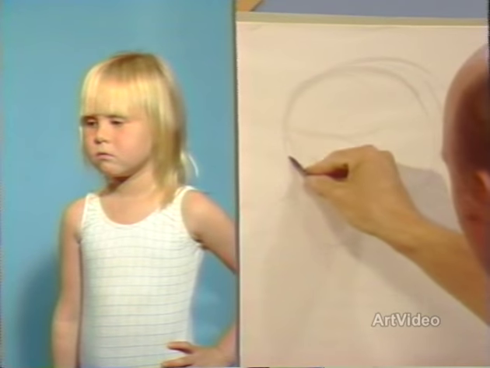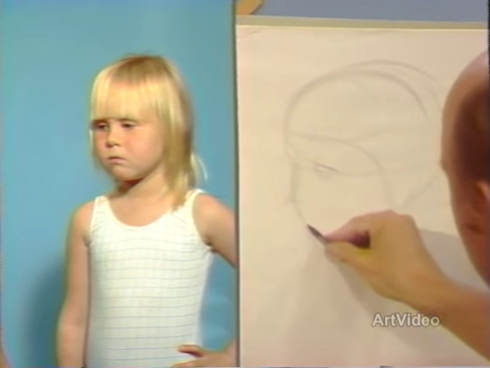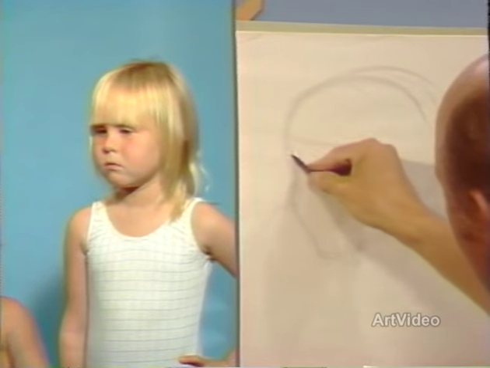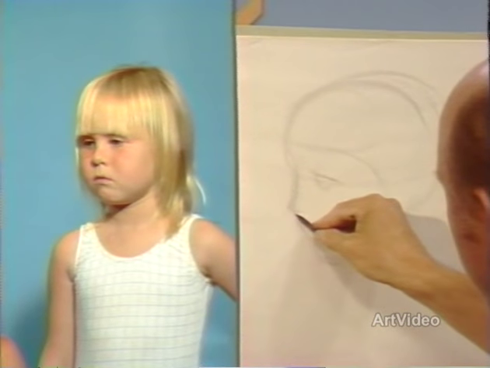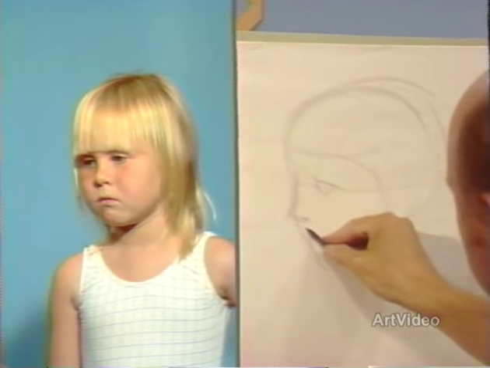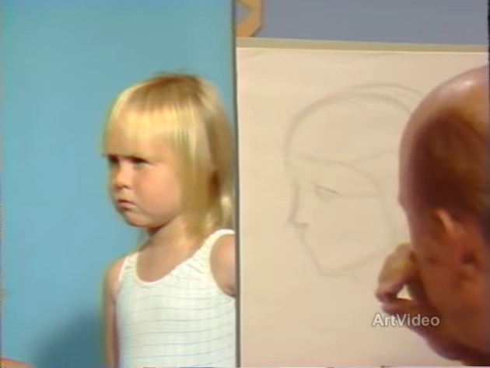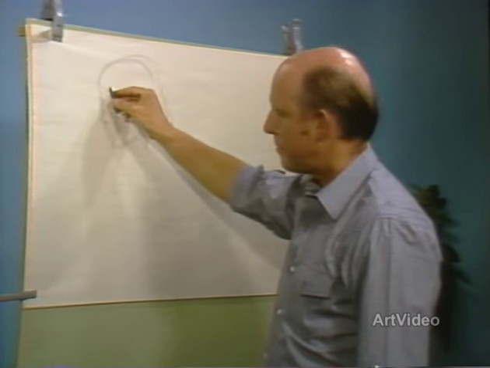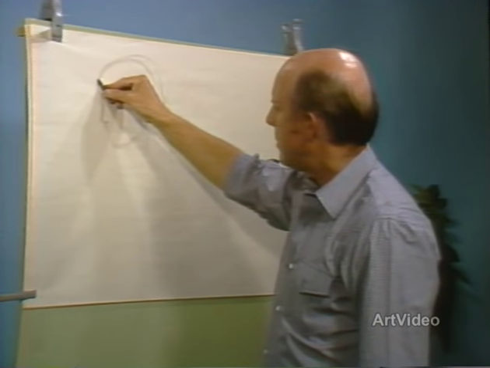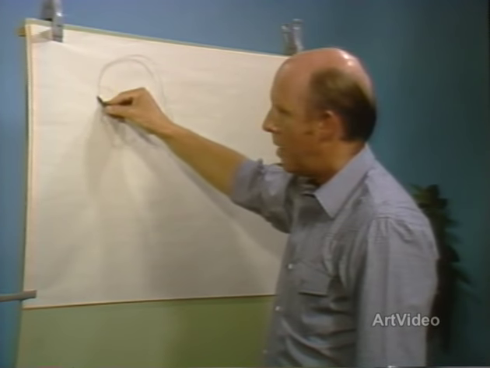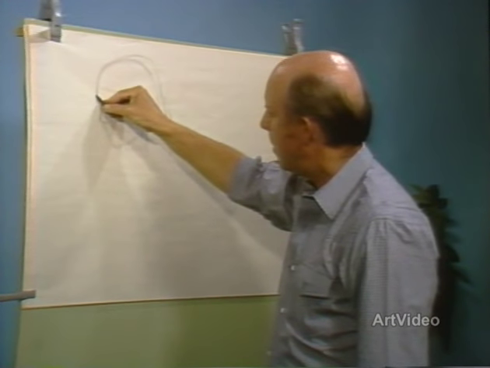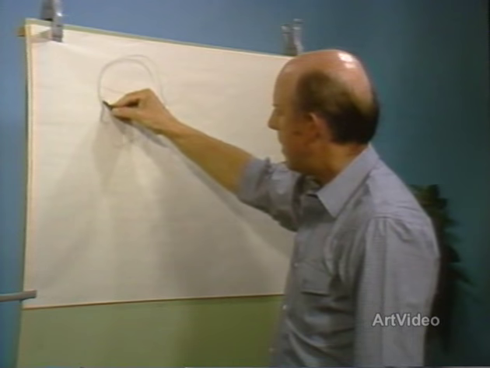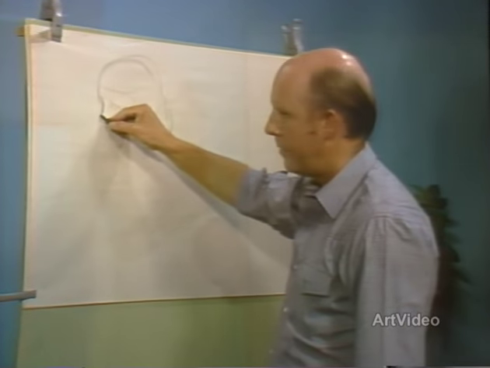Now, what I concern myself with mostly here is thinking about what forms are overlapping what. Like, for instance, this comes to a critical point right here. I want to see how we feel this going behind and how we feel the nose coming forward.